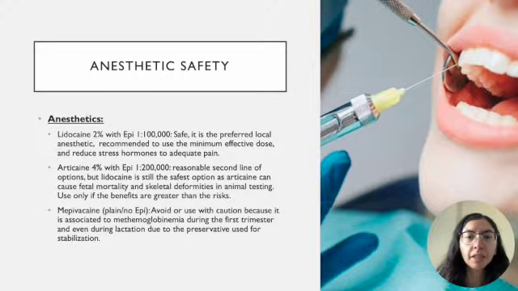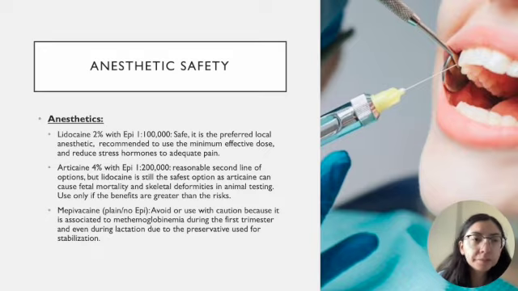So now we're going to talk about anesthetic safety. This information has not changed in many years, but this will help as a review. Lidocaine 2% with epinephrine is the preferred local anesthetic, recommended to use the minimum effective dose and reduce stress hormones to adequately control pain.